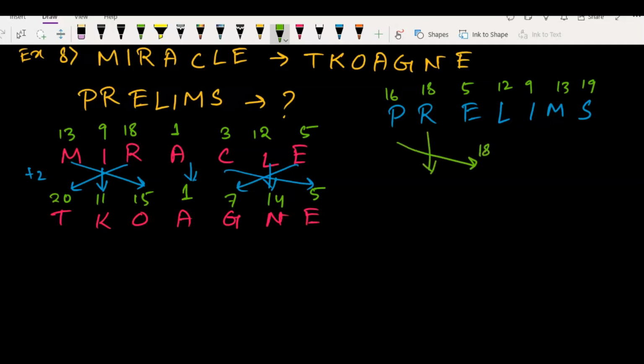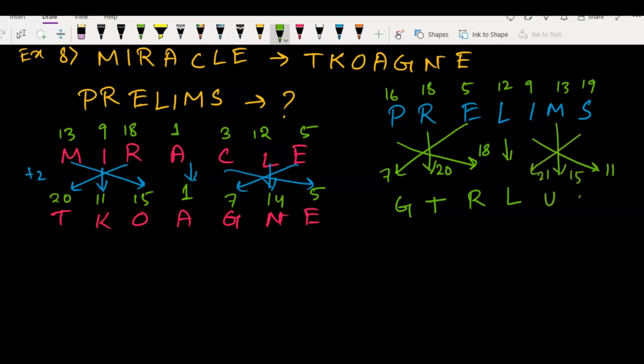R 18 plus 2 is 20. And 5 plus 2 is 7. So we have here R, T, G. L will go to L, there is no change. And I plus 2 means 11. 13 plus 2 is 15. And 19 plus 2 is 21. So we get K, O, U. So the answer is RTGLKOU.